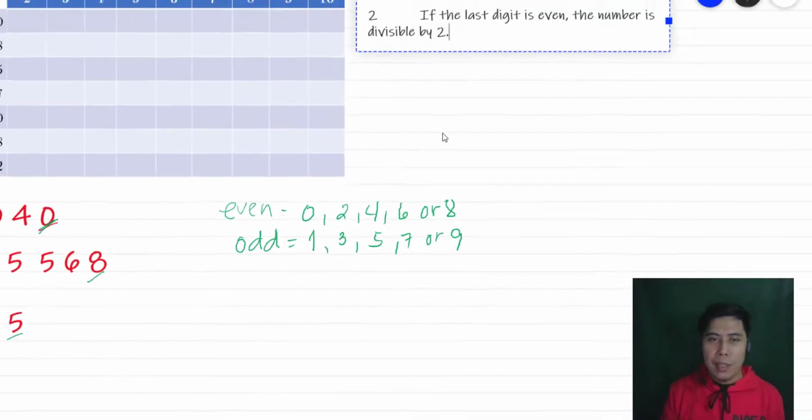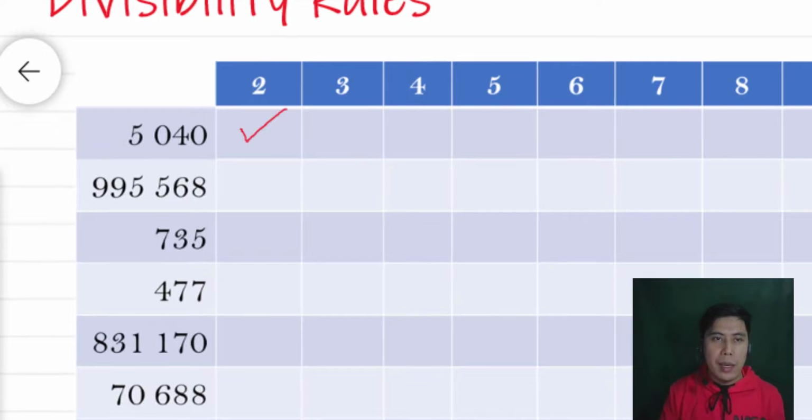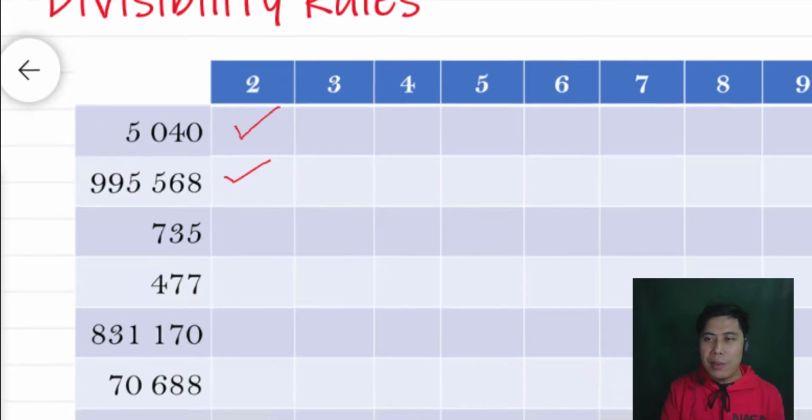So if the number is even, then we can say that the number is divisible by 2. Meaning 5,040 is divisible by 2, and 995,568 is also divisible by 2 since the last digit is 8. And the last one, 735, since it ends with 5 and 5 is an odd number, then we cannot say that this number is divisible by 2.